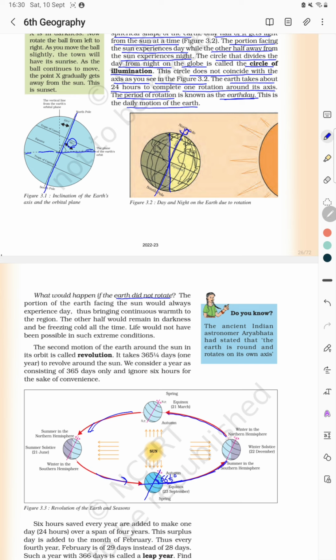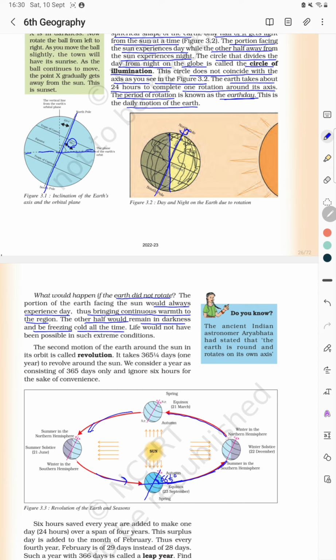So the portion which is facing the earth would always experience day, and thus bringing continuous warmth to the region. The other half would remain in darkness and be frozen cold all the time.